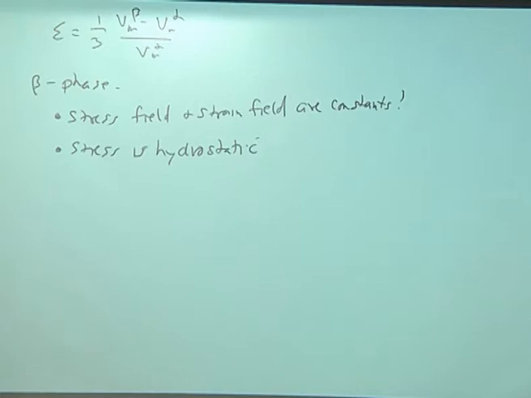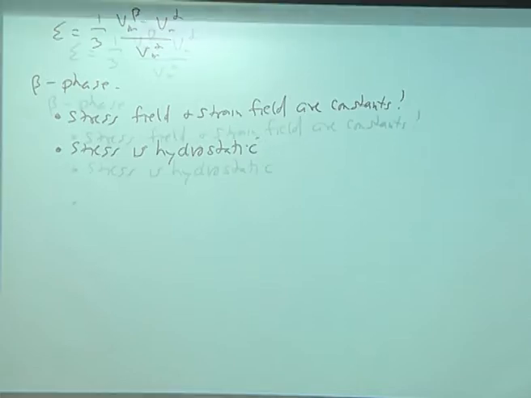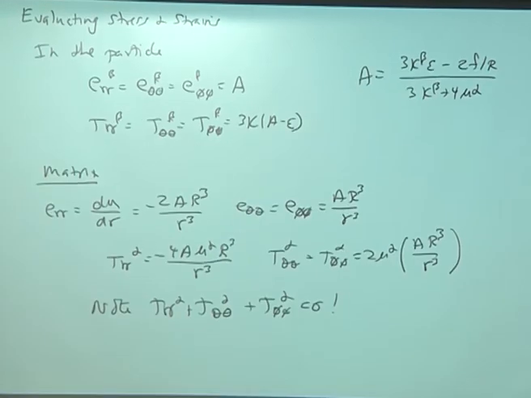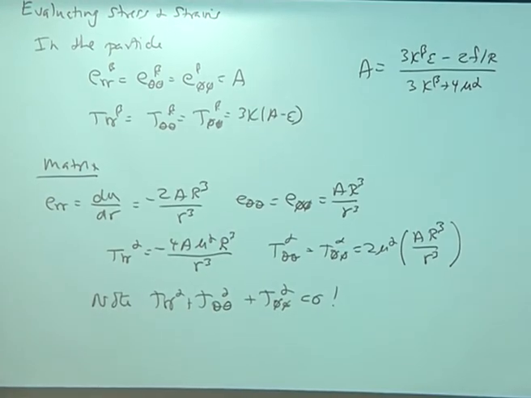So let's look at some limits. A here depends upon both the misfit strain and the surface stress. So let's set the surface stress F equal to 0 and just look at what this tells us.